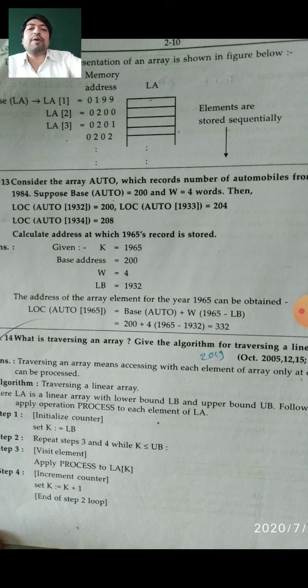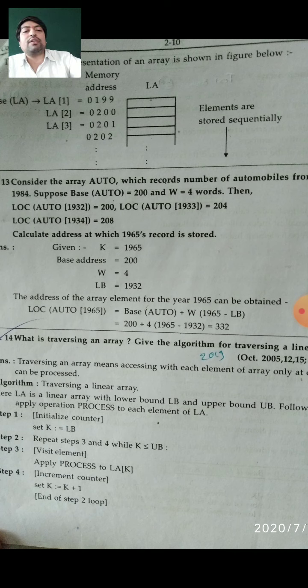So when we put the values inside the formula, base of auto is equal to 200, plus 4, the given value for W, times in bracket 1965 minus 1932, the kth element minus LB, the lower bound, 1932.